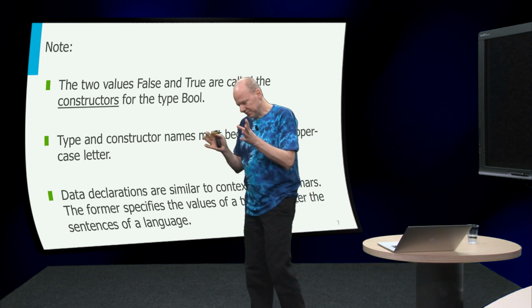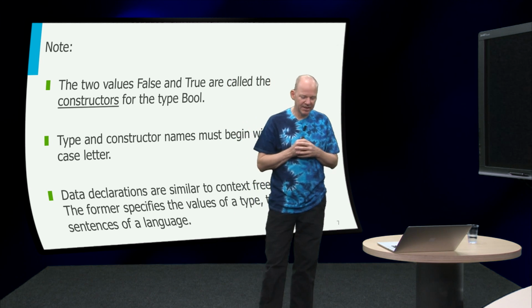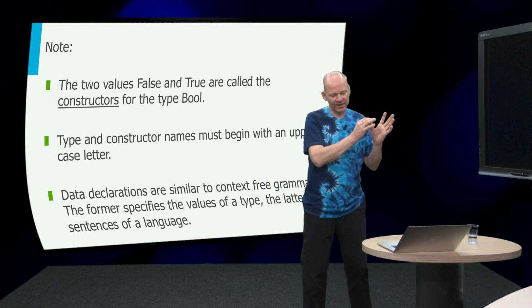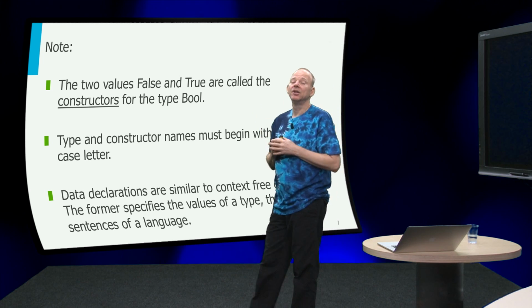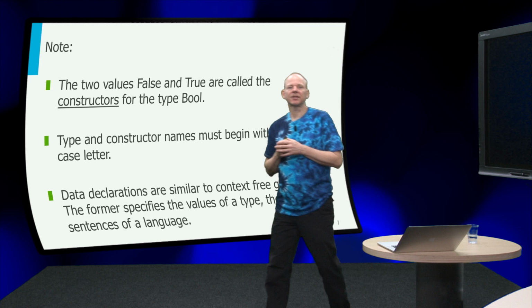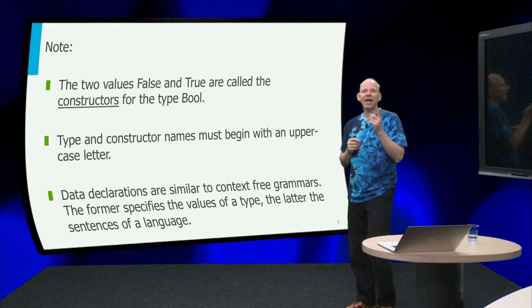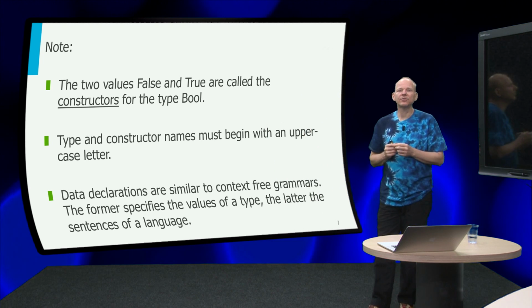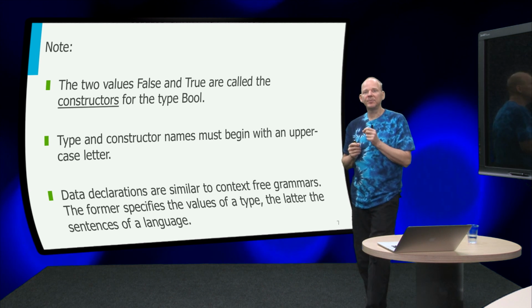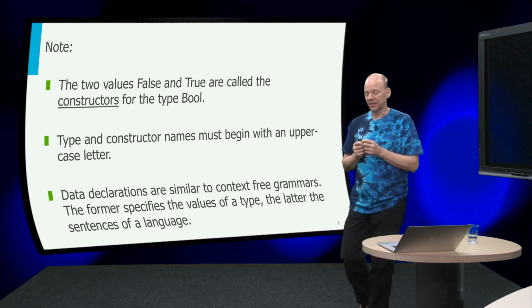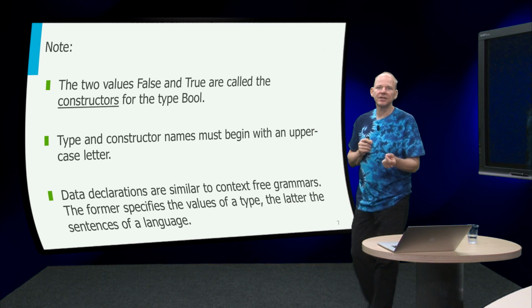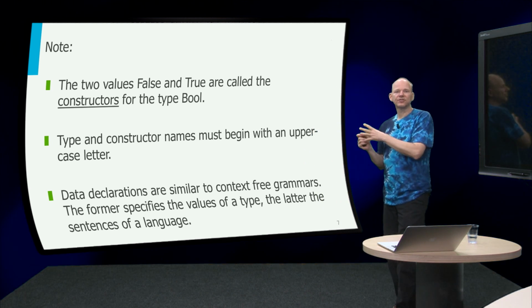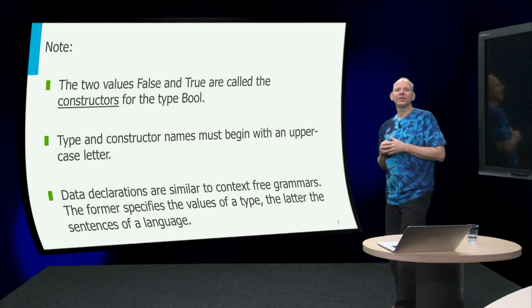And with the explanation I gave with the abstract type and the subtypes, that makes sense. They correspond to constructors in an object-oriented language. In Haskell, type and constructor names must begin with an uppercase letter. So functions and type variables begin with a lowercase letter, and types and constructor names must begin with an uppercase letter.